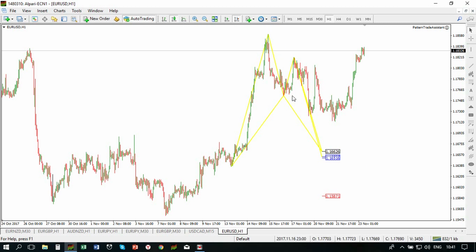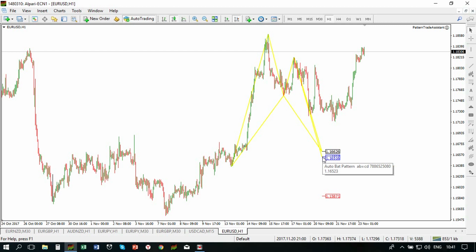So the alternative AB equals CD pattern means that sometimes the second leg of your movement can be extended 1.27 times, maybe 1.618 times, maybe 2 times larger than the previous leg. It doesn't matter. The harmonic approach says that the pattern requires AB equals CD. It requires the 1-to-1 measured movement, 1-to-1.618 measured movement, 1-to-1.27 measured movement. So the ABCD pattern is the core of harmonic analysis.